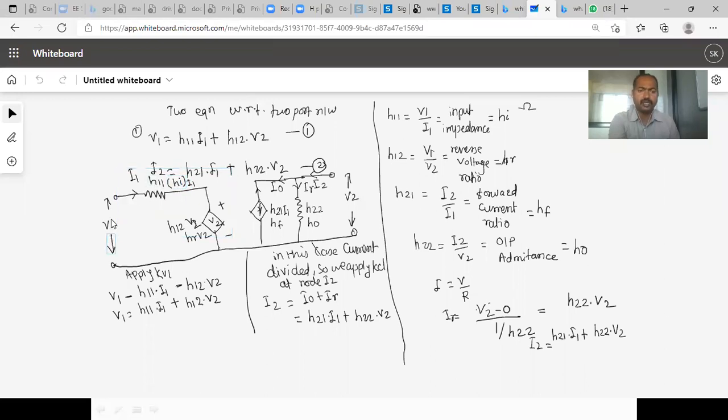The current flowing at V1 is I1, which flows through HI. Another thing, plus H12 V2.